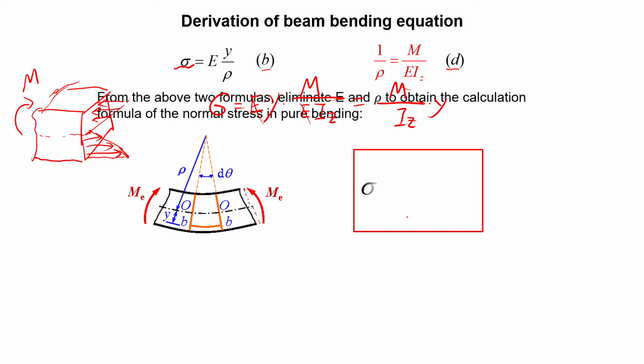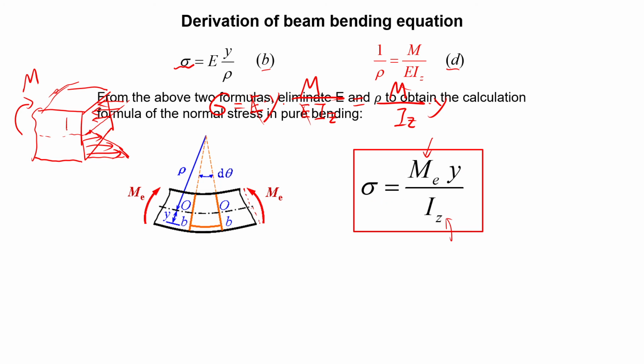So what we get are these super important equations, the bending stress equations. Now if you tell me the moment you apply, and you tell me the shape of your cross section, I can give you the stress distribution across the distance y.